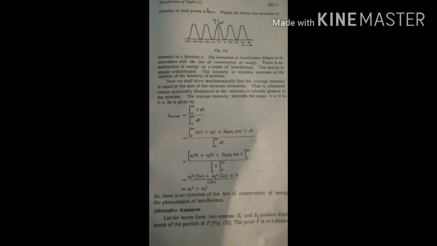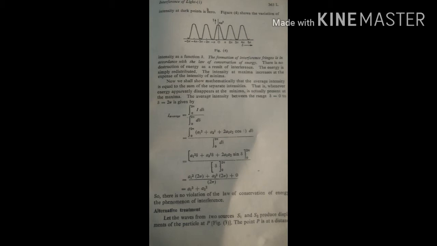Substituting, we get a1 square delta plus a2 square delta plus 2 a1 a2 sin delta, applying the limits 0 to 2 pi, divided by delta applying the limits 0 to 2 pi. That is a1 square 2 pi plus a2 square 2 pi plus 0, divided by 2 pi. That is a1 square plus a2 square. So there is no violation of the law of conservation of energy in the phenomenon of interference.